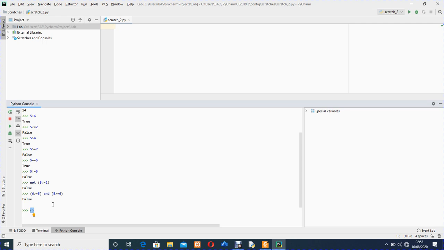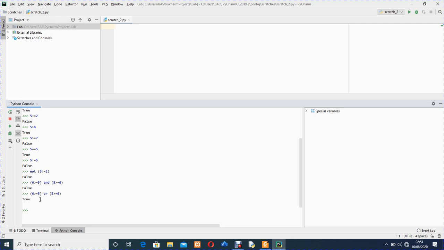Let me use the previous example. 6 is greater than or equals to 5, or 5 is greater than or equals to 6.